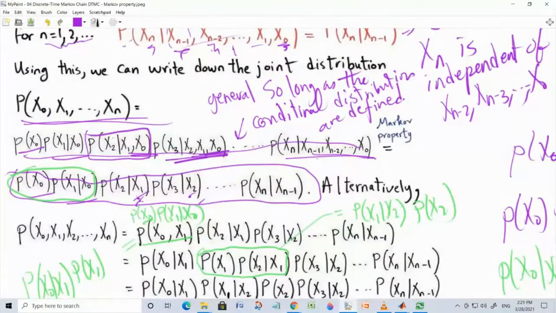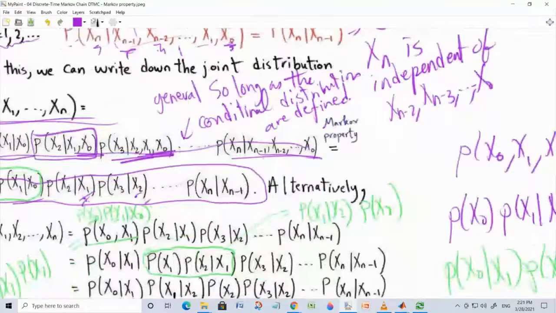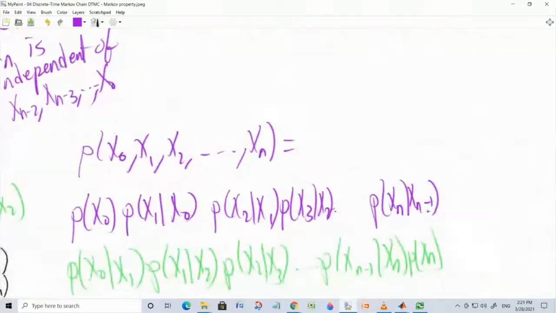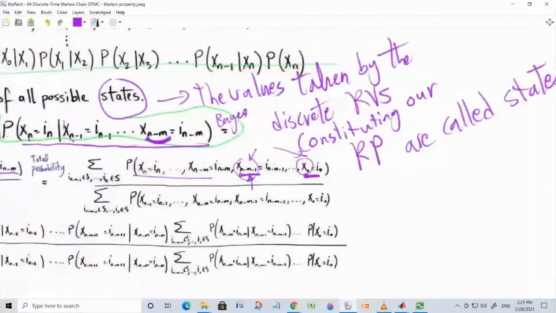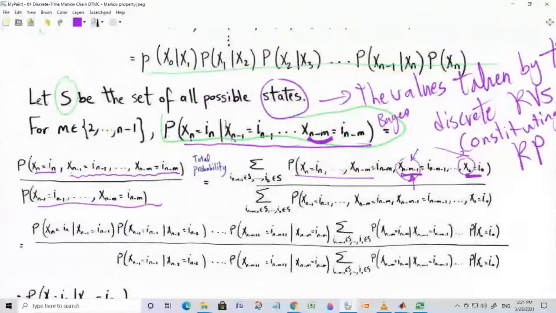Now remember that if you have the Markov property, and this is very important, you can take a joint probability and write it like this. I can write down the probability in the numerator as P of x0, P of x1 given x0, P of x2 given x1, P of x3 given x2, and then P of x of n minus m given x of n minus m minus 1, P of x of n minus m plus 1 given x of n minus m, and so on.